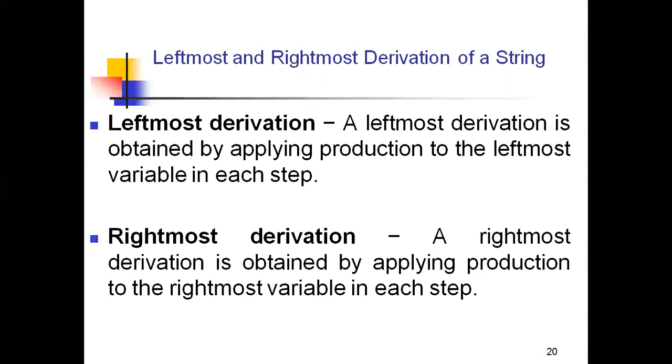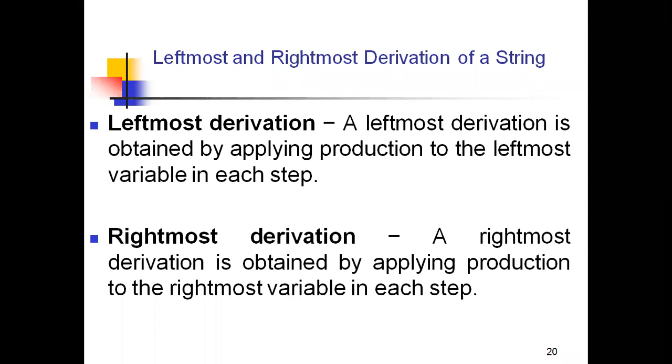The same process applies for the rightmost derivation: choosing an appropriate rule to derive the input string, you choose the rightmost variable and substitute the rules in it to generate the input string, right?